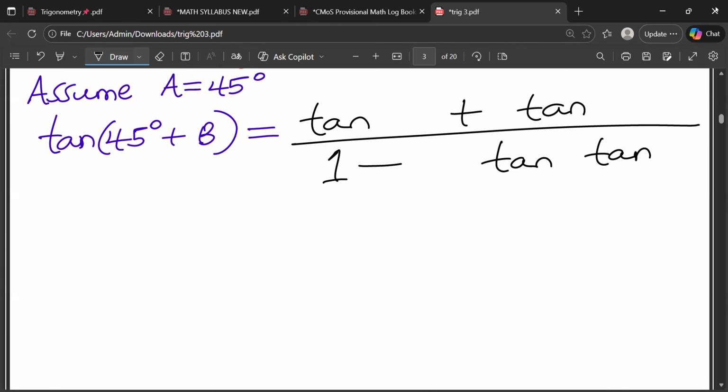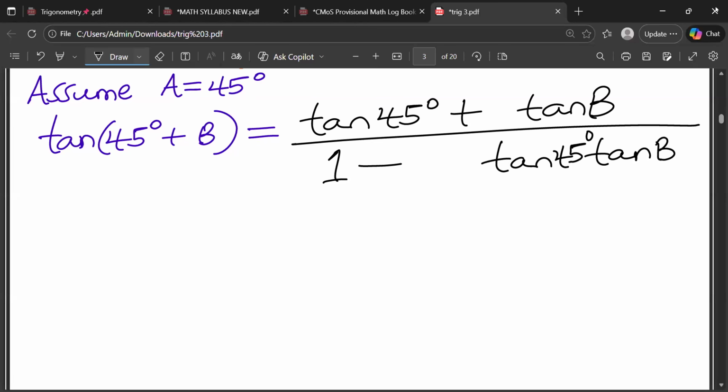So on the numerator we shall have tan 45 plus tan B, out of 1 minus tan 45 tan B. When you say tan 45, how do you confirm that the 45 is in degrees?